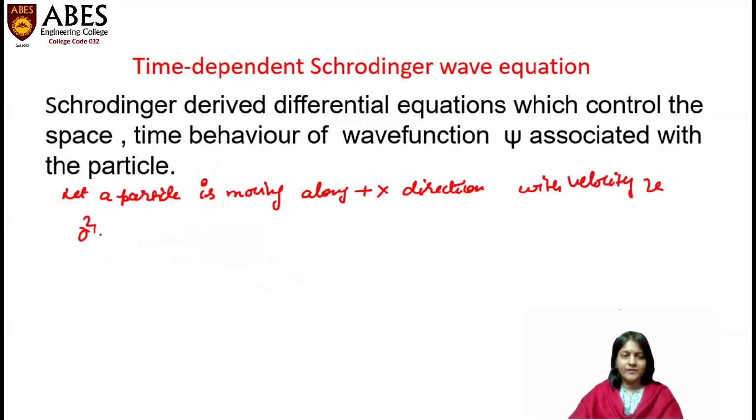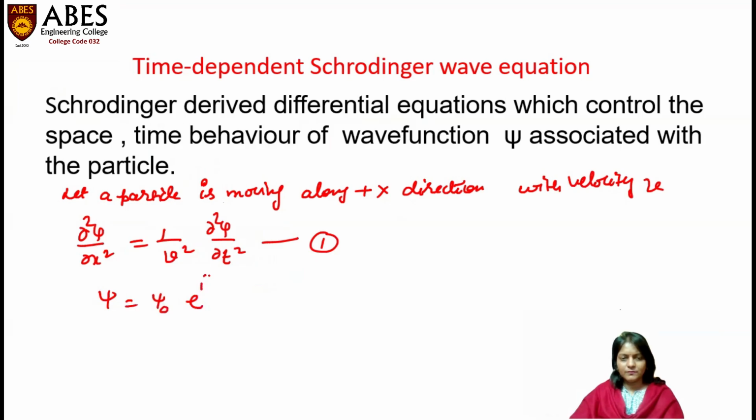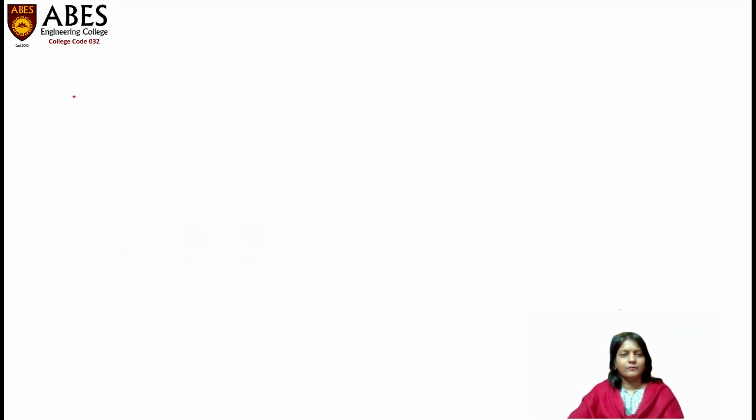Then the second order differential equation can be written as, and its solution is, let us differentiate equation number 2 with respect to time. It becomes psi is equal to psi naught e raised to the power i(kx minus omega t).